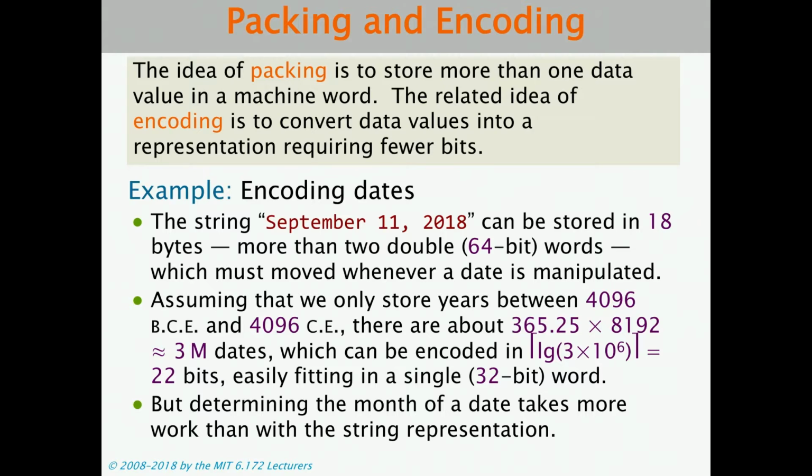So a good way to remember how to compute the log base 2 of something, you can remember that the log base 2 of 1 million is 20, log base 2 of 1,000 is 10, and then you can factor this out and then add in log base 2 of 3, rounded up, which is 2. So that gives you 22 bits. And that easily fits within one 32-bit word.